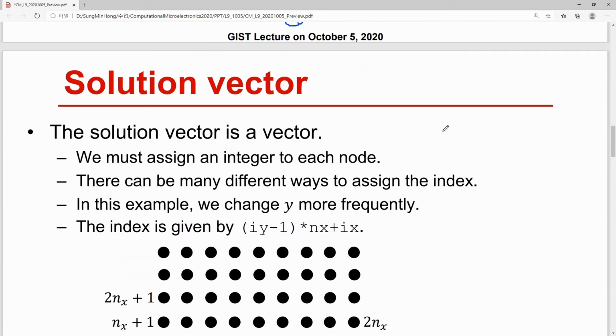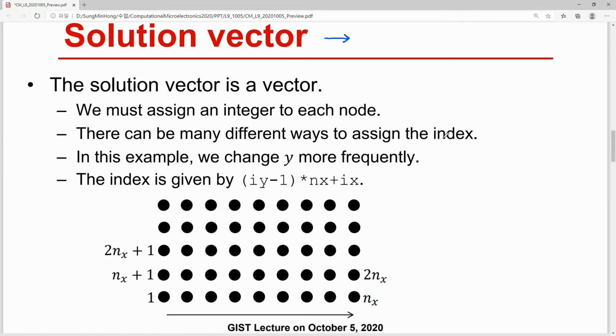So we have to first build a solution vector. At first glance, it is quite natural to build a solution matrix. However, we should build a solution vector. So anyhow, our points should be aligned in a certain order. In this example, we just propose to assign them in the following order.